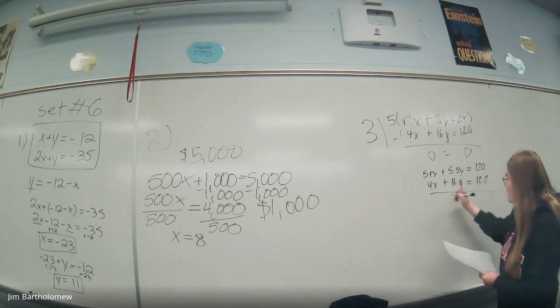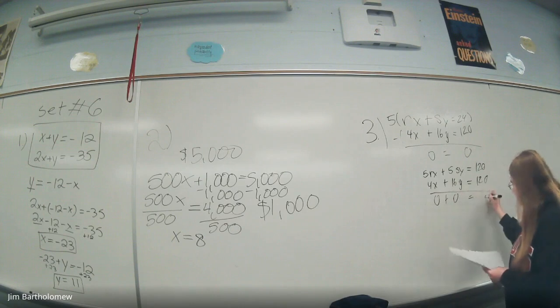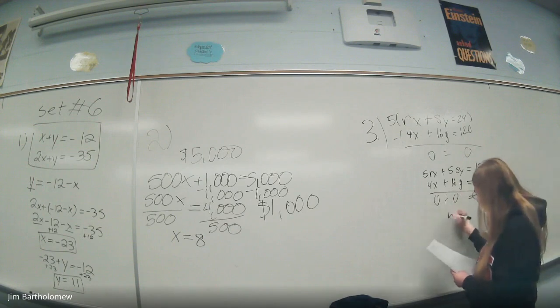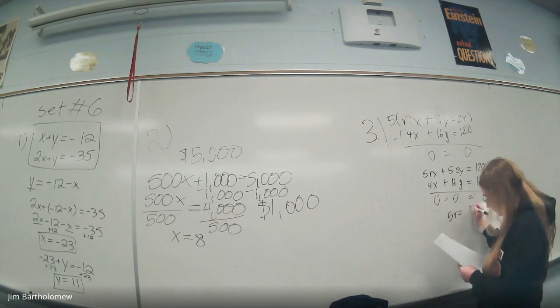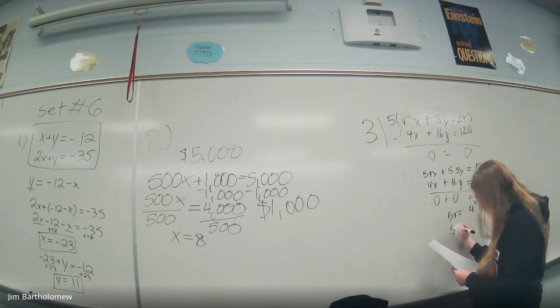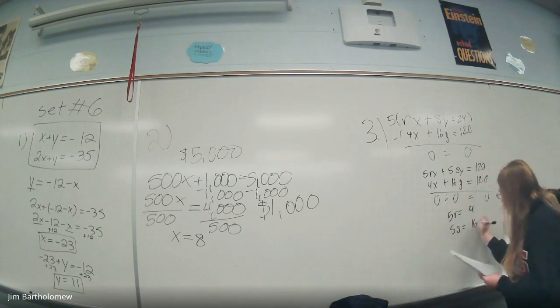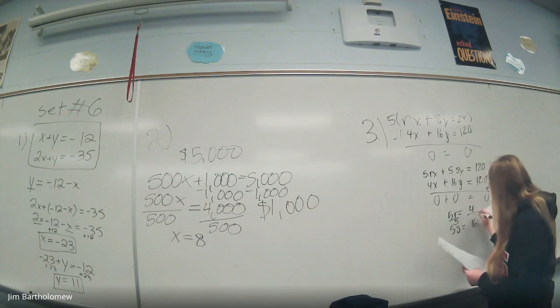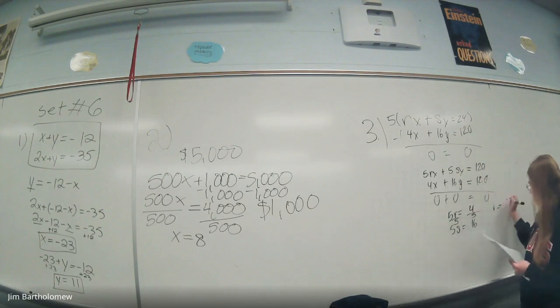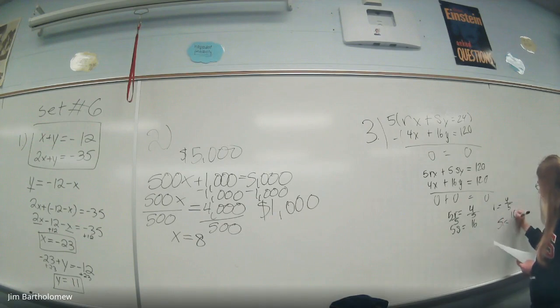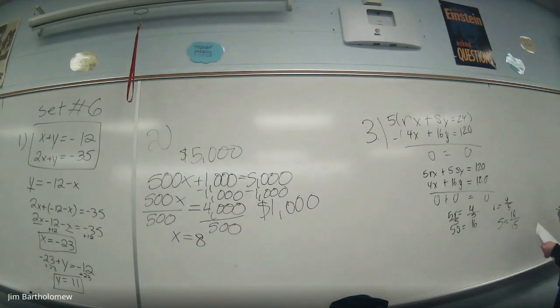Since these are equaling 0 when subtracted, you know that 5R equals 4 and 5S equals 16. So R equals 4/5 and S equals 16/5. And you want R over S.